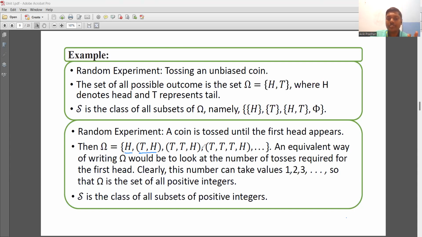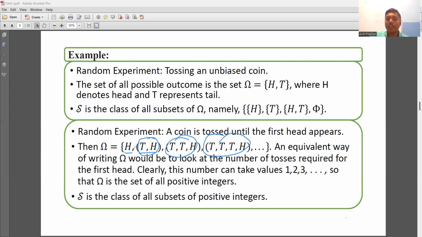The second possible outcome is that in the first toss I got tail, and in the second toss I got head. Similarly, I can get two tails followed by head, then three tails followed by head. So these are the possible outcomes of this experiment.